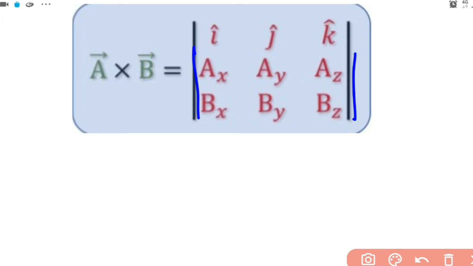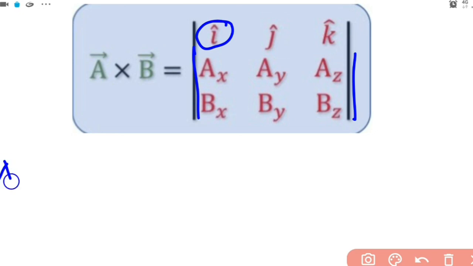Then the components of vector A, you write ax, ay, az. Then in the third row, the components of the second vector, that is bx, by, bz. Then after writing like this, we start with the first term.